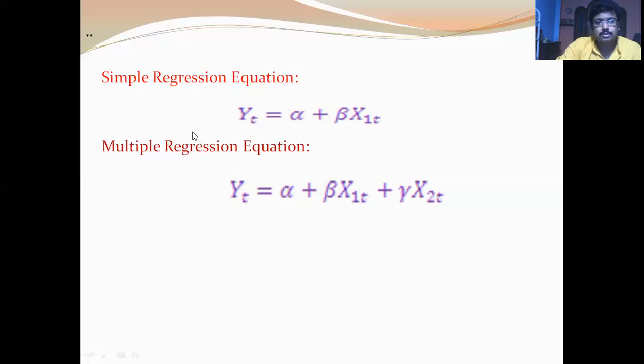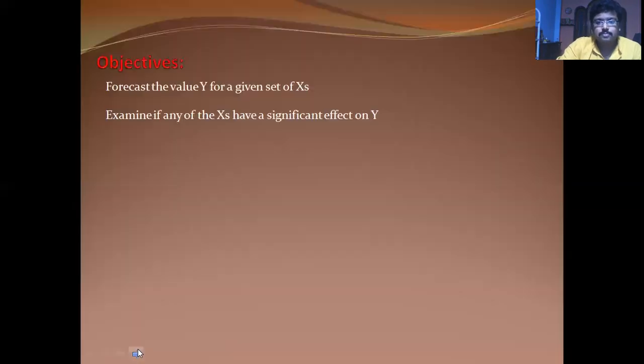So next, look, now what is the objective of studying regression analysis, or studying the regression equation? What is the focus? The value of y for a given set of x. Okay, given a set of x, focus on the value of y.